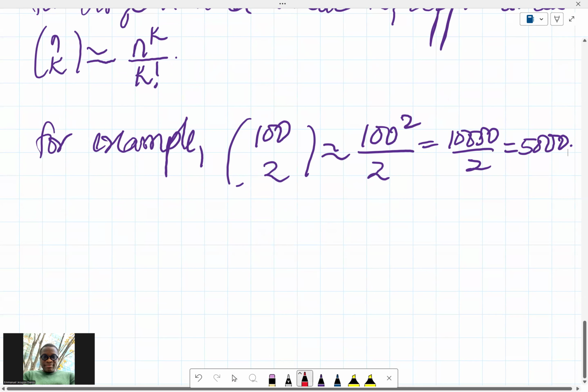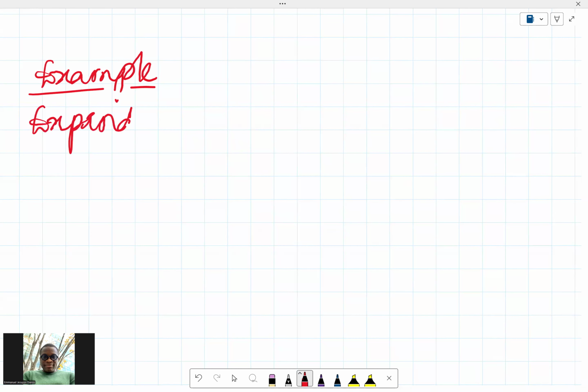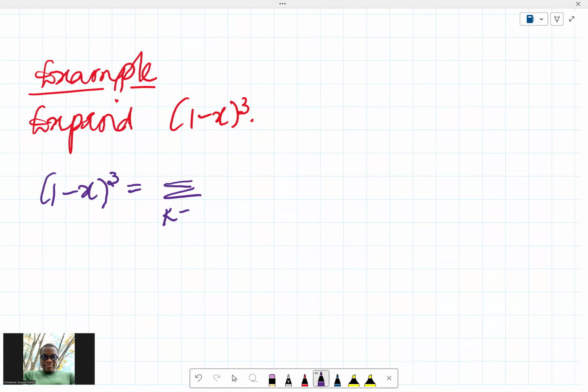All right. So if we were to take an example, let's just do that. So imagine this example where we have to expand 1 minus x raised to power 3. Okay. That's what we have to do. And then, of course, you have 1 minus x raised to power 3, and that is summation from k equals 0 to 3 now, because we know n is 3.